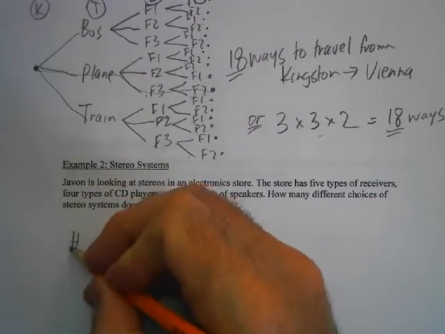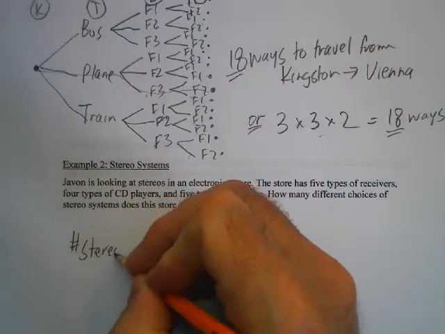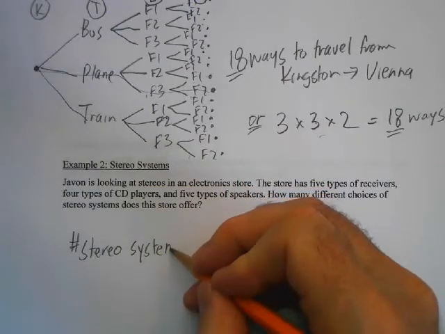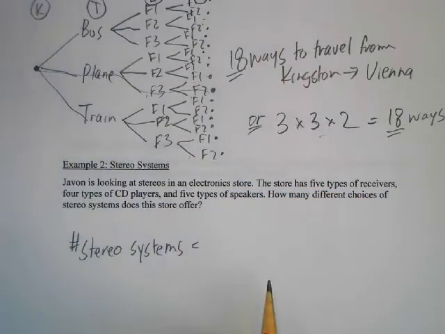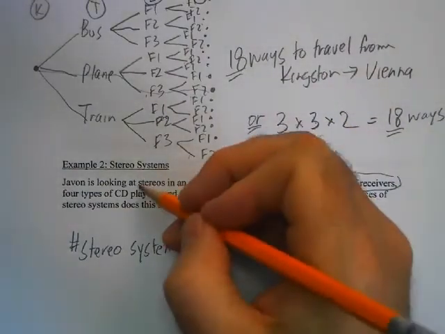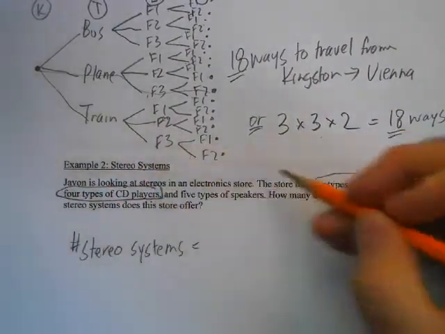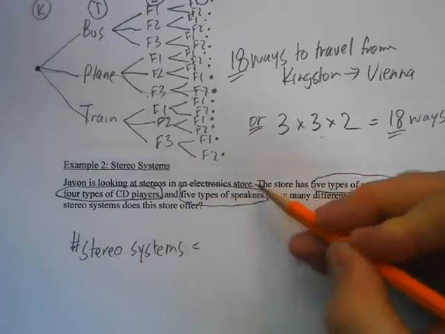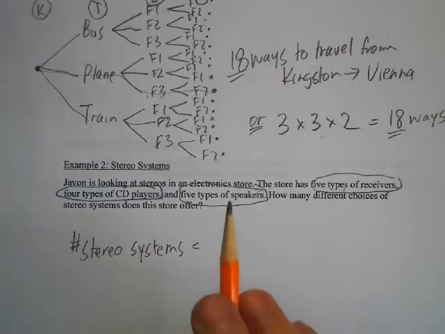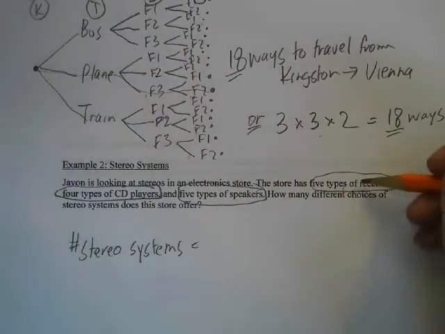Okay, so number of stereo systems, so a stereo is all 3 of those things, is equal to, okay, so the first thing, I've got 5 types of receivers, I've got 4 types of CD players, and 5 types of speakers. So I'm choosing a receiver and a CD player and speakers. So I just look at the number of options for each and multiply them together.